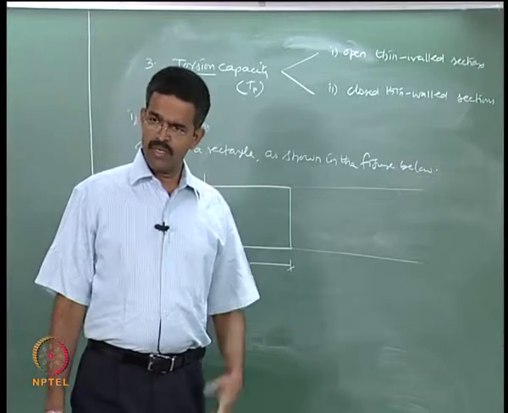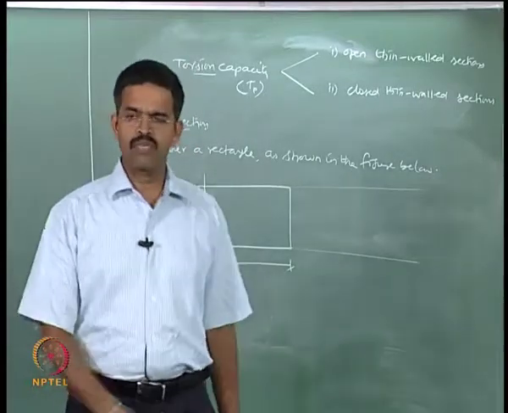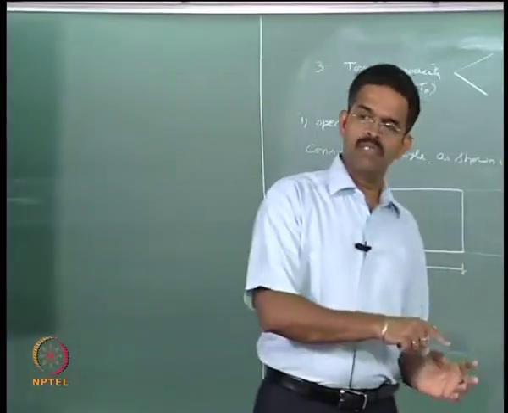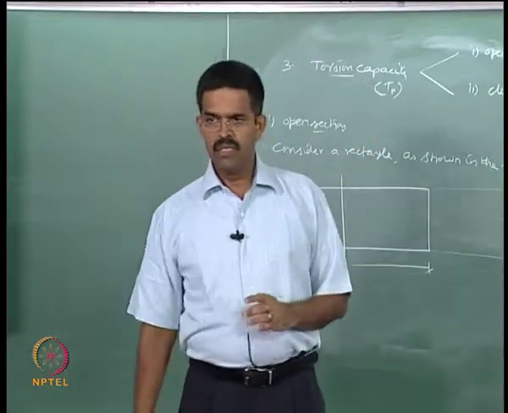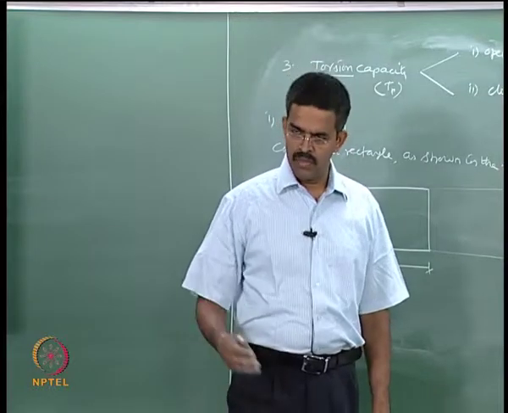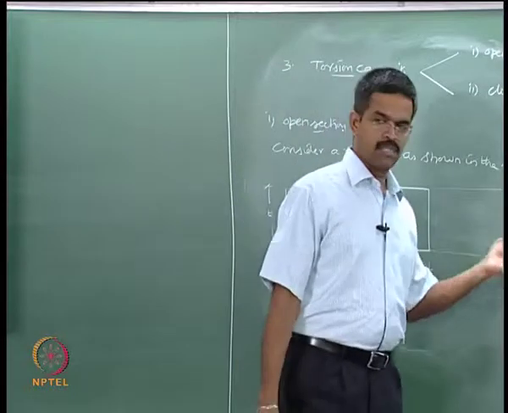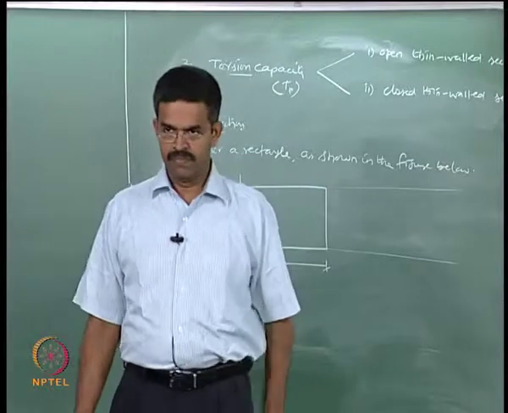If you look at any Indian codes or international codes, generally if you want to design a section for torsion, we always work out what is called equivalent shear. In design, torsion is always converted or handled as a form of shear. In Indian codes, for example IS 456 for design of reinforced concrete members, whenever a section is subjected to shear and torsion, we find what is called equivalent shear.